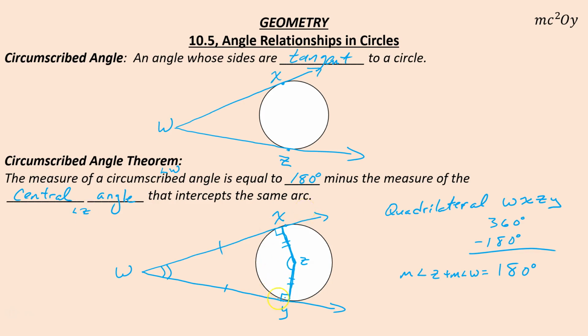And here's the arc it intercepts. So if I want to find W, I just take 180 and subtract Z. In fact, if I want to find Z, I go 180 minus W. There you got it.